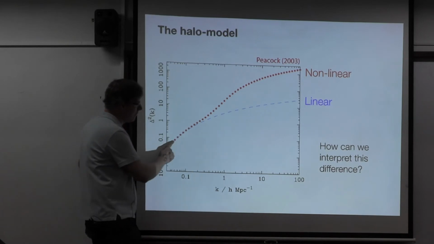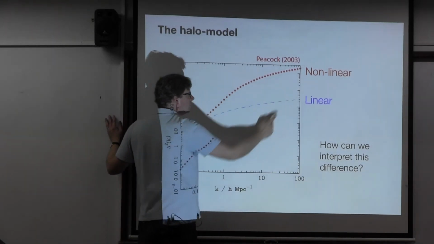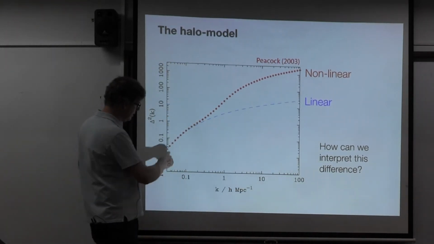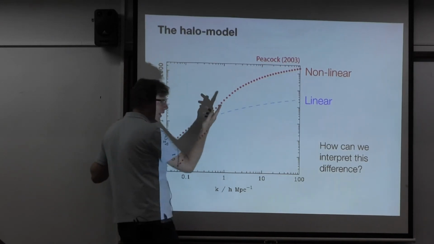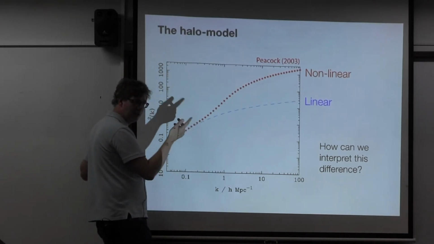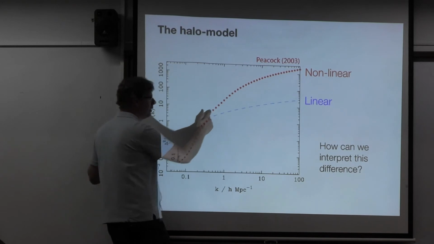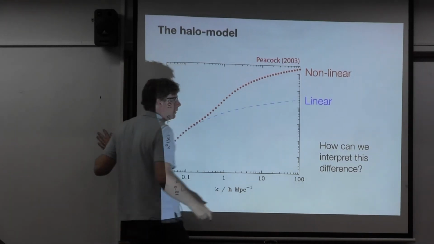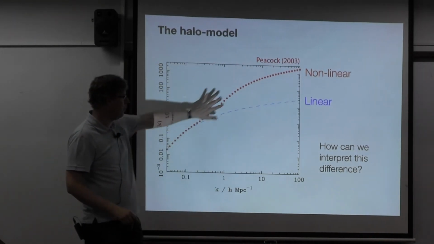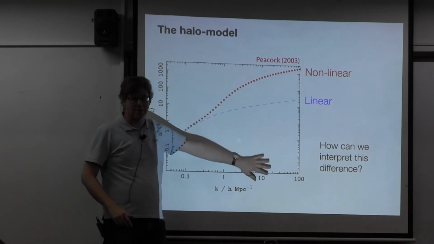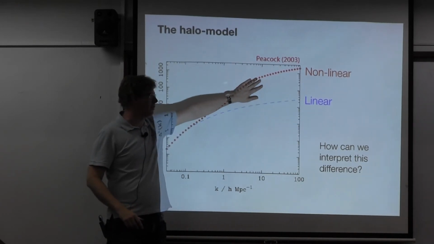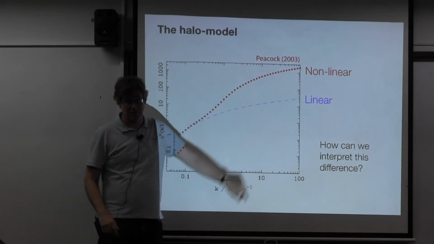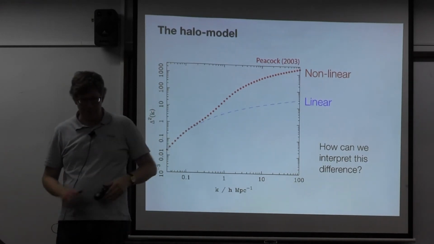This is the prediction of linear theory. And this is the calculation you get if you run a full simulation and calculate the power spectrum. And you see there's a lot more power on small scales in this nonlinear simulation than there is in the linear simulation. So what's the reason for that?